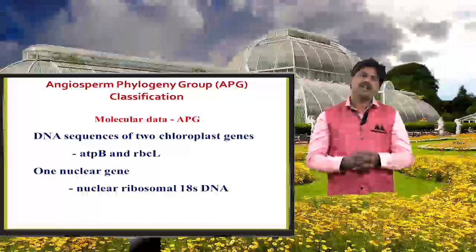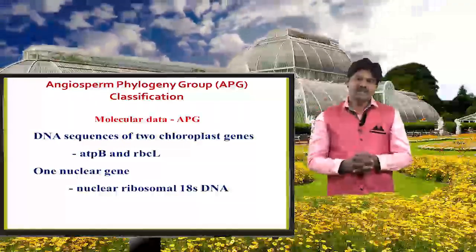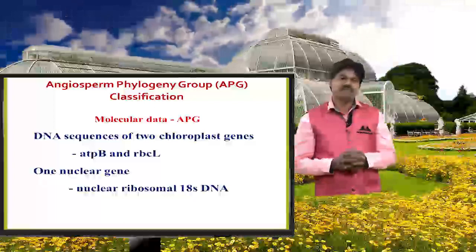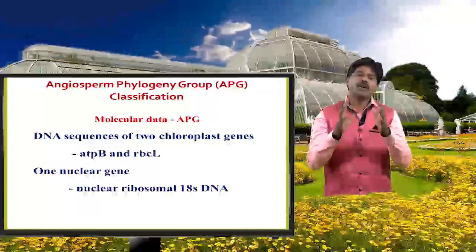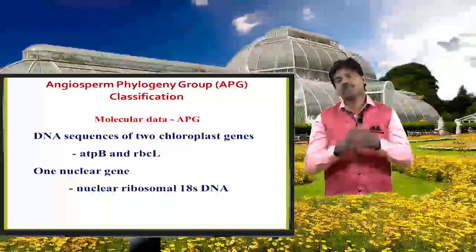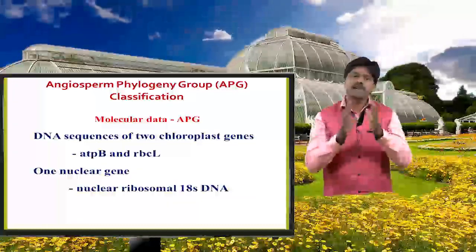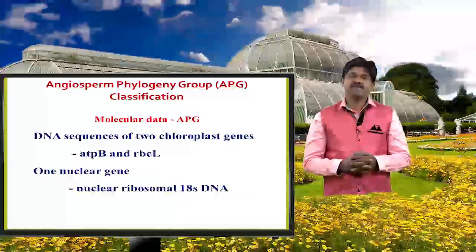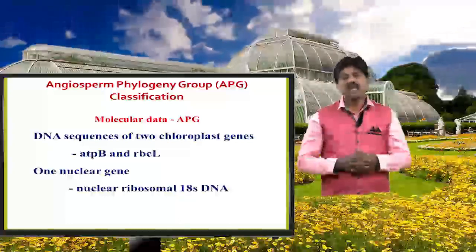What is molecular data? It is based on DNA sequence. The DNA sequence is a gene. There are 2 important genes from the chloroplast used for this purpose. That is, ATP-B is one gene. The next one is RBCL.